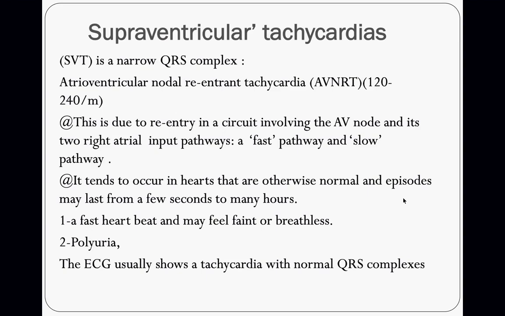And a fast heartbeat may lead the patient to feel faint or breathless. So clinical presentation of SVT is fainting maybe, or shortness of breath, chest pain, or even polyuria. The ECG shows tachycardia with normal QRS complex, that is narrow QRS complex.